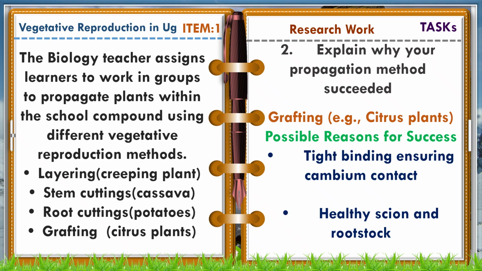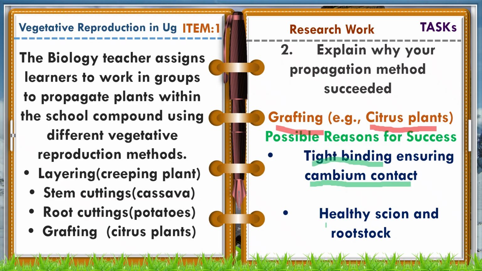Then we have grafting. Grafting, especially citrus fruit. What was the possible reason for the success? There was tight binding. This ensured cambium contact of the scion and the rootstock.